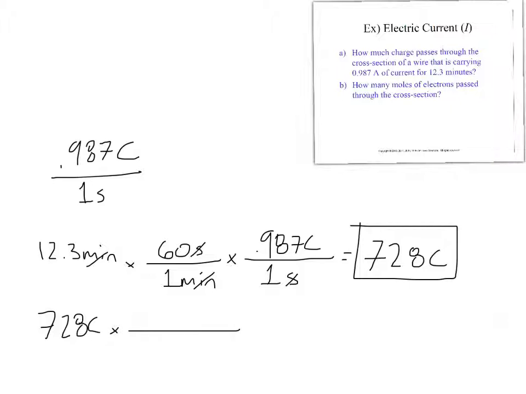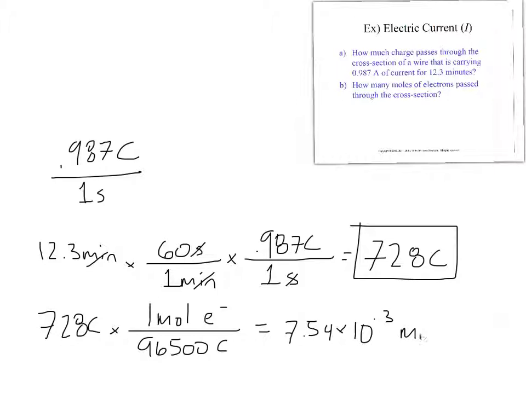Faraday's constant says that for every 96,500 coulombs, you have 1 mole of electrons. So for every 96,500 coulombs that go through a cross-section area, 1 mole of electrons would have passed through. And so that would mean that 7.54 times 10 to the negative third moles of electrons pass through.